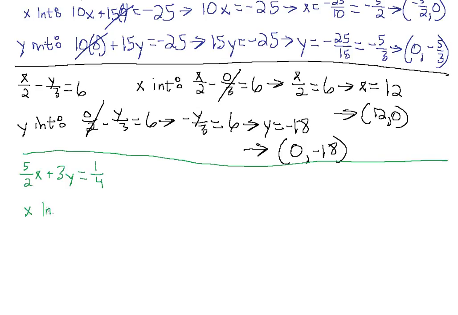So to find our x-intercept, we plug in 0 for y, so we have 5 halves x plus 3 times 0 for y equals 1/4. 3 times 0 is 0, so we have 5 over 2x equals 1/4.